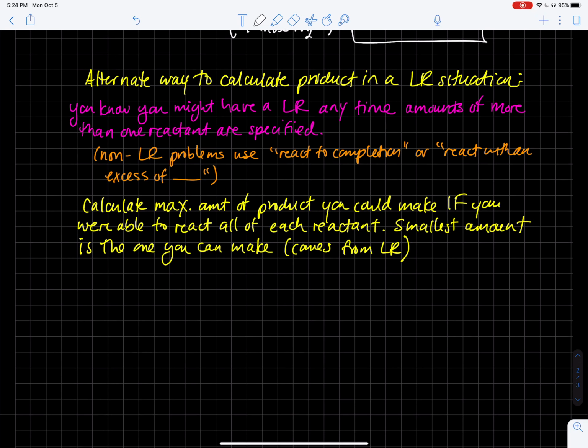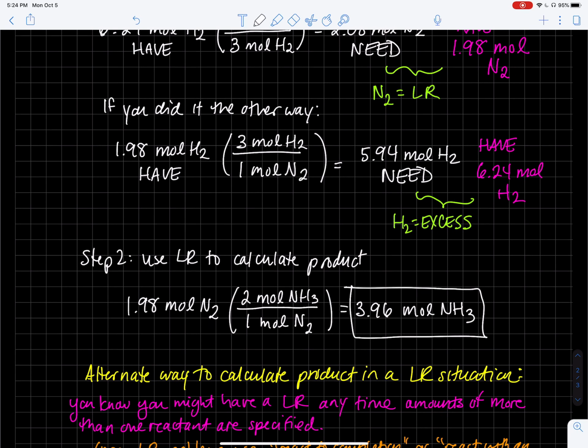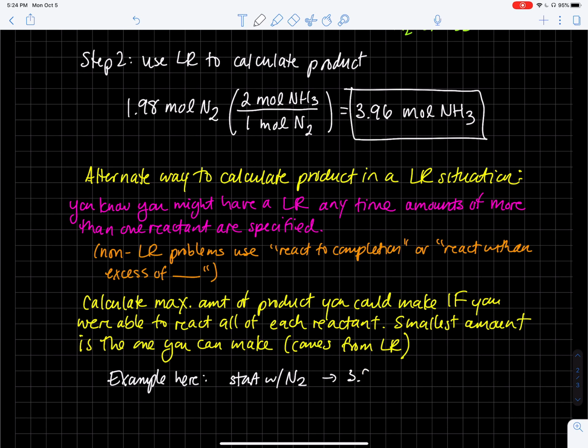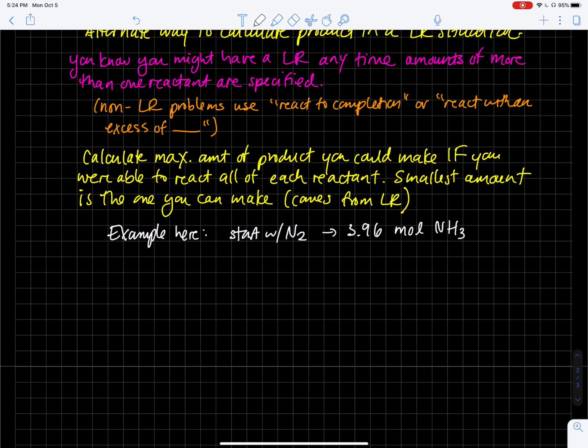So for example, here we saw that if you start with N2, which we'd already identified as the limiting reagent, we got 3.96 mole of ammonia. If you could react all the hydrogen, well, we had 6.24 moles of hydrogen.